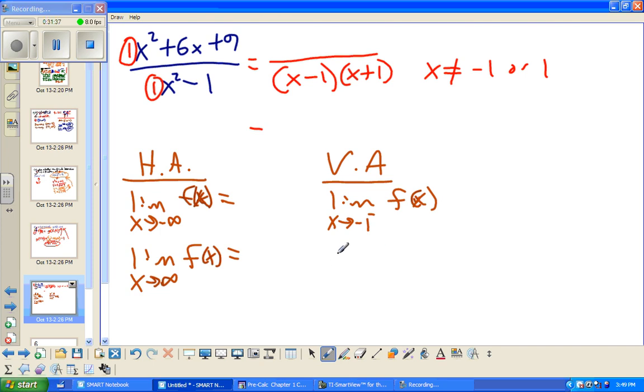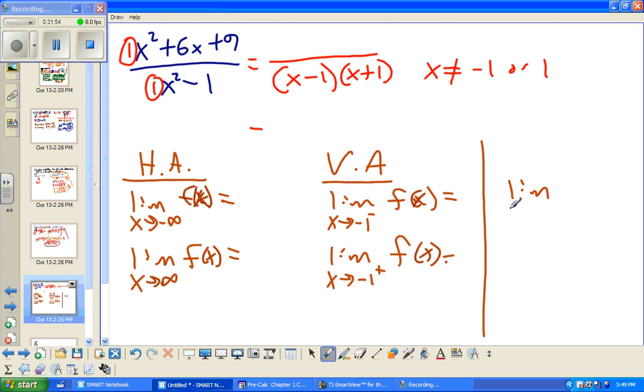And I'd have to check the limit as x approaches -1 from the right of my function. See what each of those equals. And I've got another set. I need to check the limit as x approaches 1 from the left, and for that same spot the limit as x approaches 1 from the right.